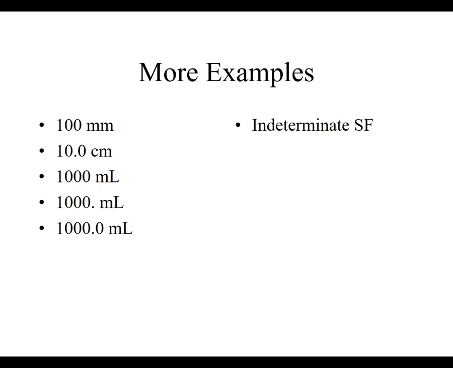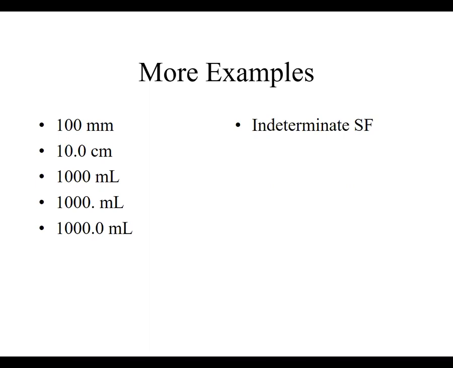In this case, the 1 is known with certainty, but the first zero in the tens place has been estimated. And if we're not even sure how many tens of millimeters we have, we can't know how many individual millimeters we have. So in that case, we would have two significant figures, and we could nail it down to only give or take about 10 around the nominal value of 100.